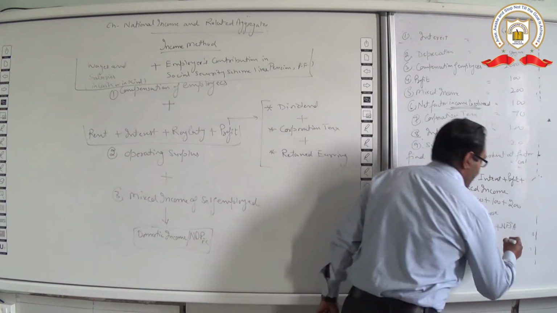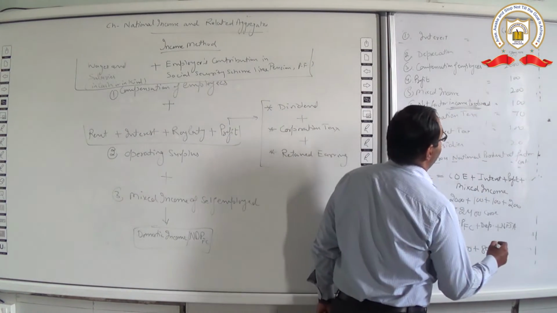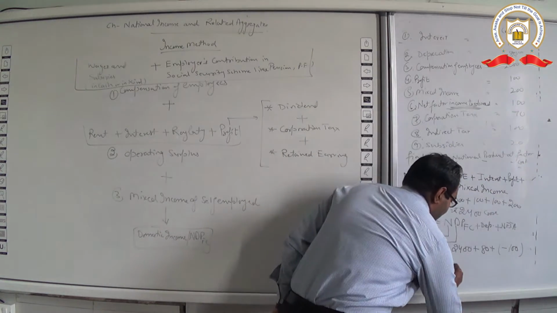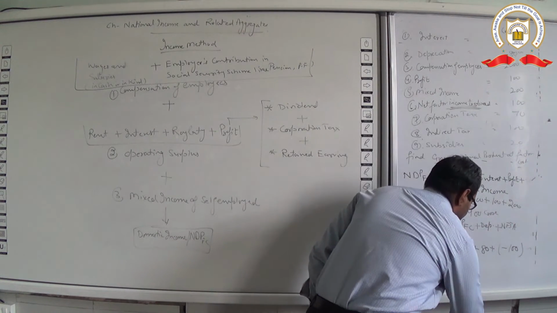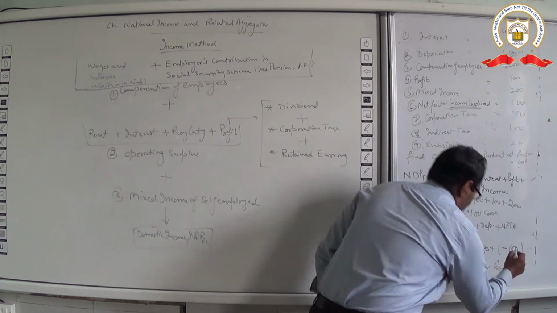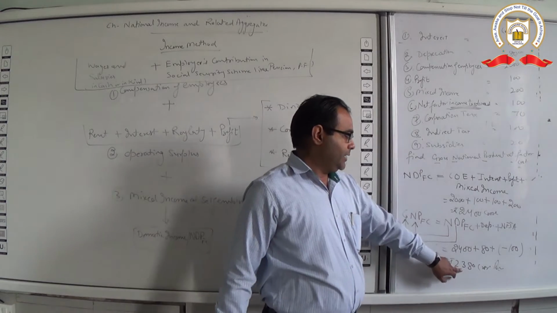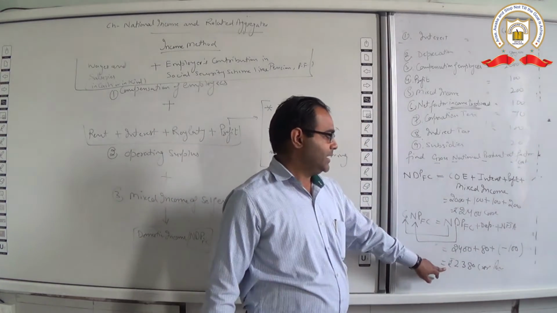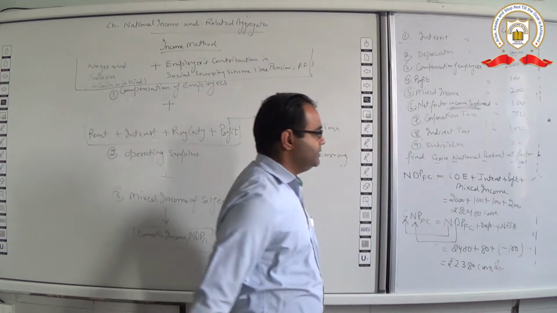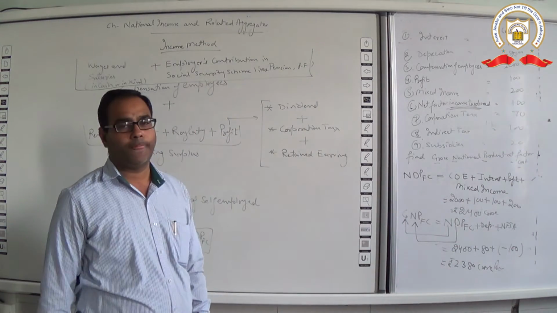So we will subtract it, right? Minus 100. So we will get 2380 crore rupees as the final answer of calculating GNP at FC.